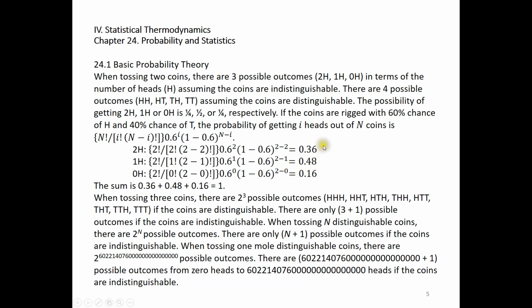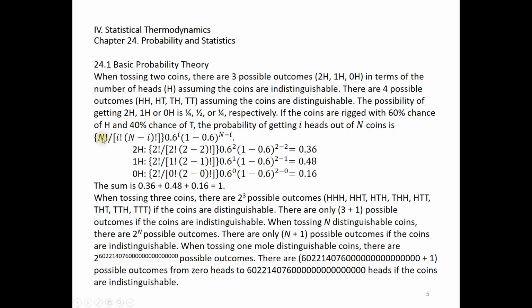But why don't we just do 60% times 60% here? Instead, we did this. I just want to show you a systematic way of computing the probability with rigged coins. What if we have 10 coins and we need to calculate the probability of getting, like, 6 heads out of 10 coins? Then you need to use the formula.